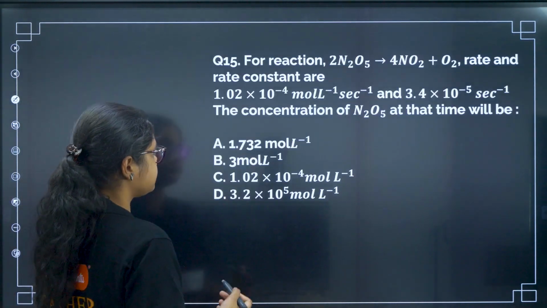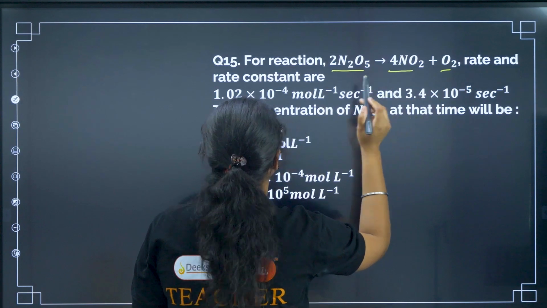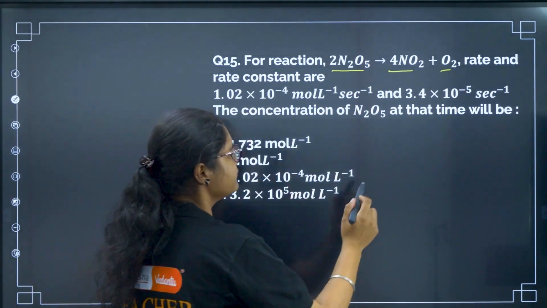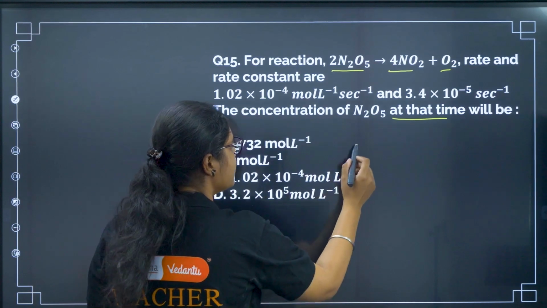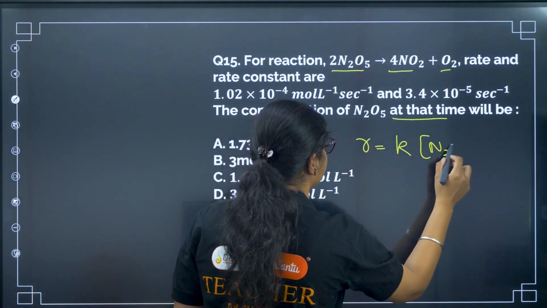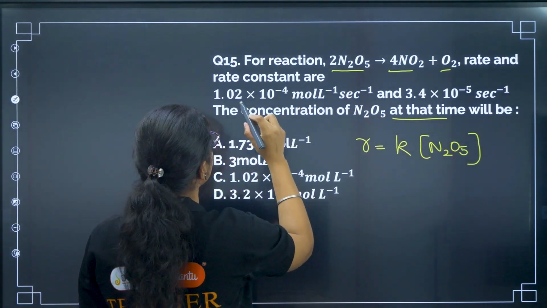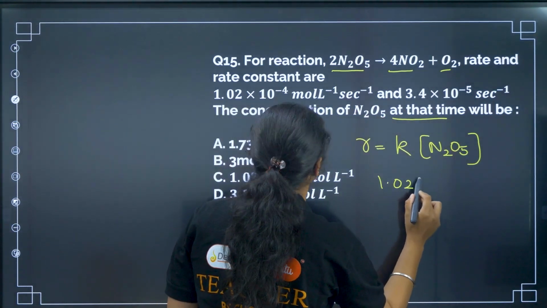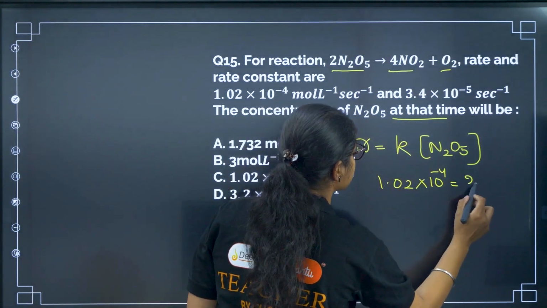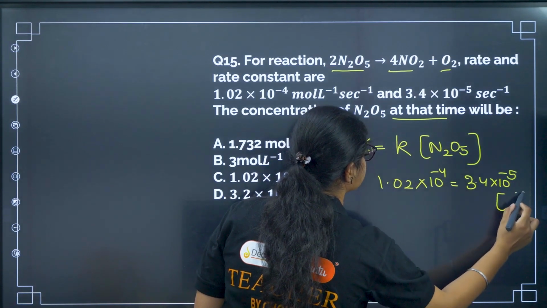Next. Okay. For the reaction 2N2O5 gives 4NO2 plus O2, rate and rate constant are given, and the concentration of N2O5 at that time will be asked. So we know rate is equal to K into concentration of N2O5, right? Rate given is 1.02 into 10 to the power of minus 4. K value is 3.4 into 10 to the power of minus 5 into concentration.